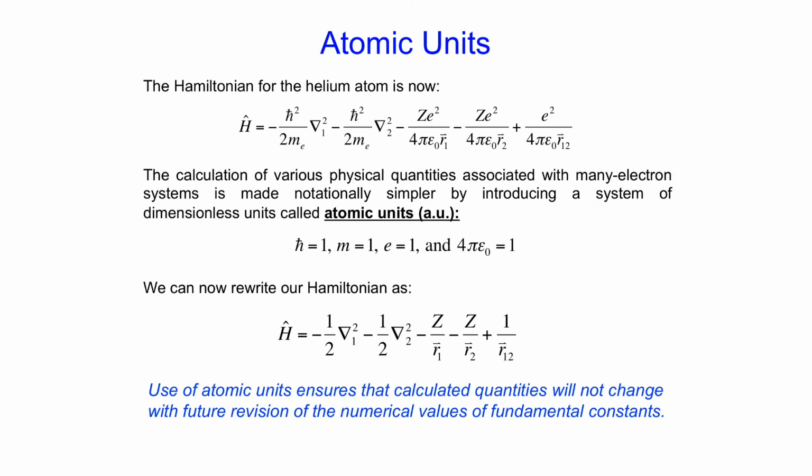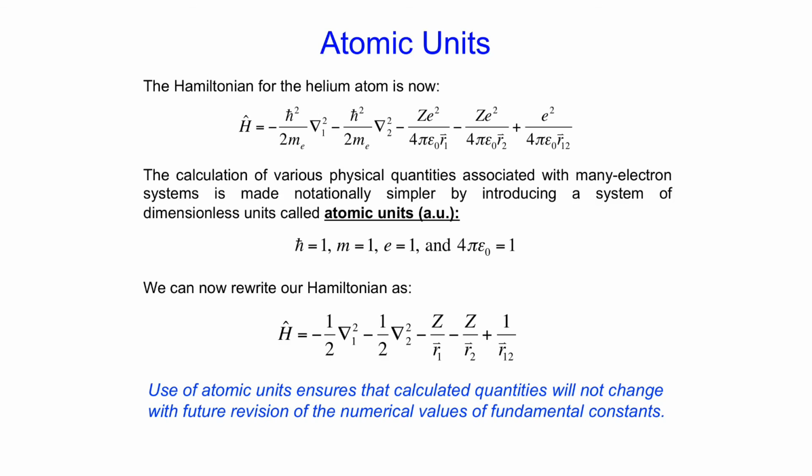We will, from here on out, be working a lot with atomic units, so please make sure that you become familiar with the atomic units that correspond to the different quantities. The other benefit to using atomic units, other than simplifying the expressions and calculations, is that it ensures our calculated quantities aren't going to change with future revisions of some of these fundamental constants.